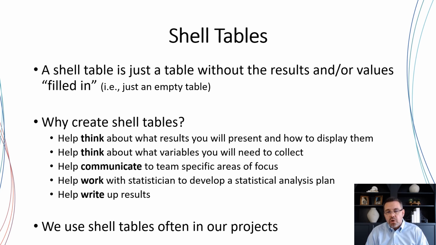So we use shell tables all the time in our projects, especially when working with trainees, our new investigators. The development of a study protocol, and then the development of shell tables are typically our number 1 and number 2 activities.